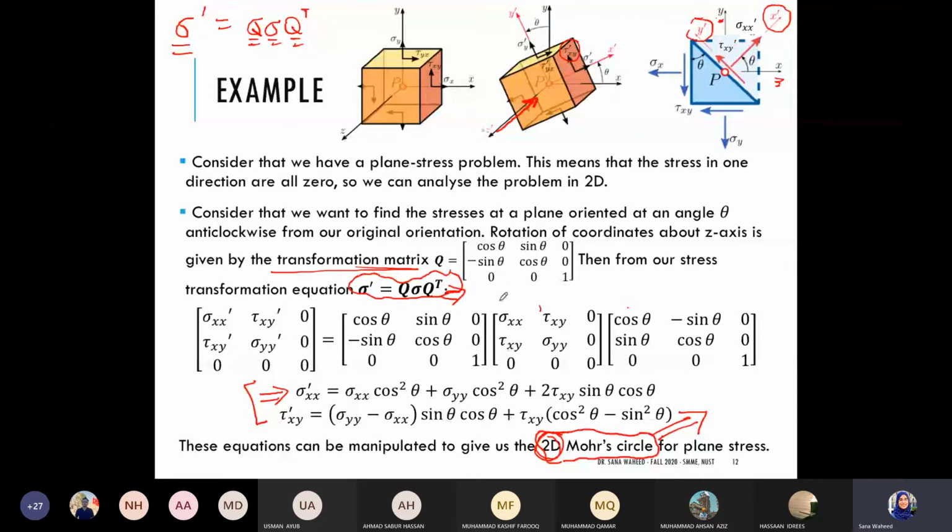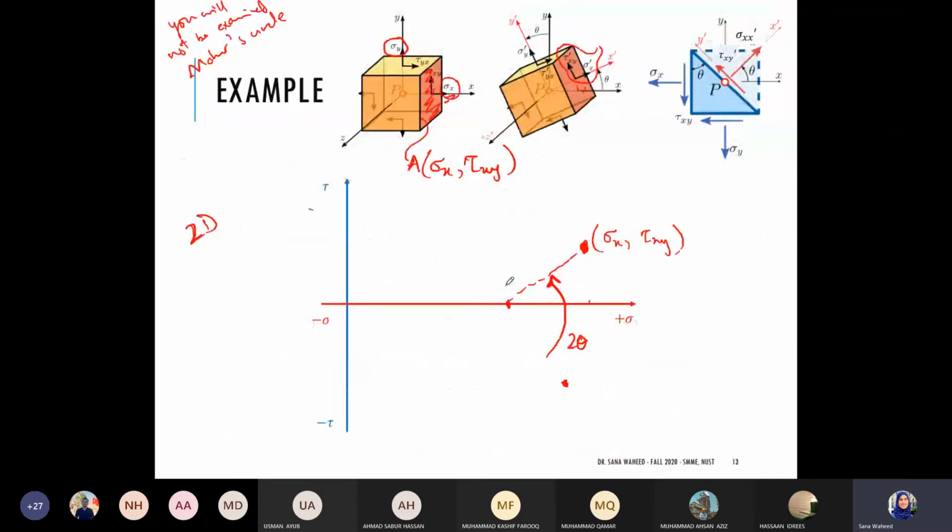You'll have your own preference. The point is, our lives are now, I hope, much more simple. Wherever we have any 3D, any general problem, and we are interested in finding the normal stress or shear stress in some other orientation, then we can use our tensor transformation just like so.